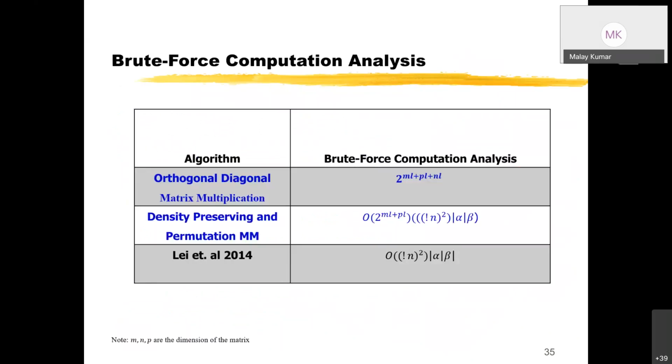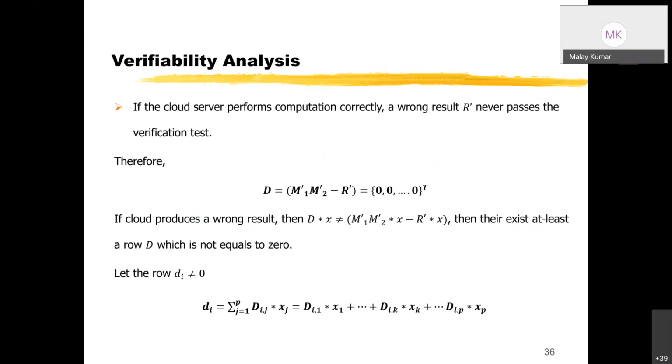So even if the cloud tries to steal the data, it could never be possible to steal the data in a computationally bound quantity, meaning in a limited or time bound. Okay, so that is why this method provides security against the brute force method.